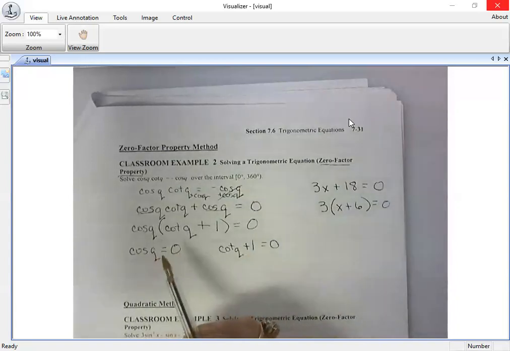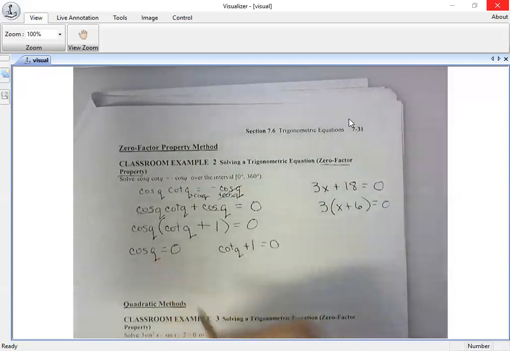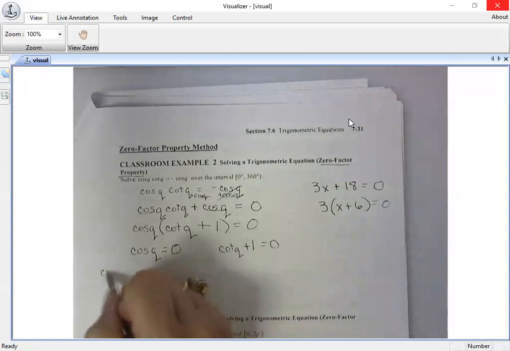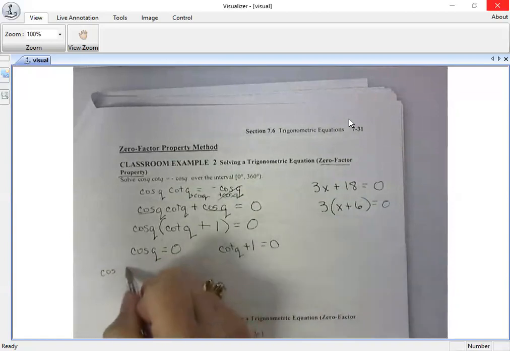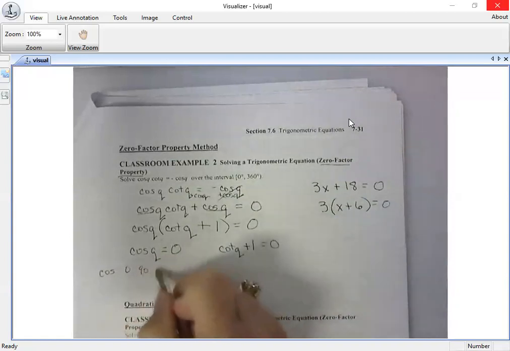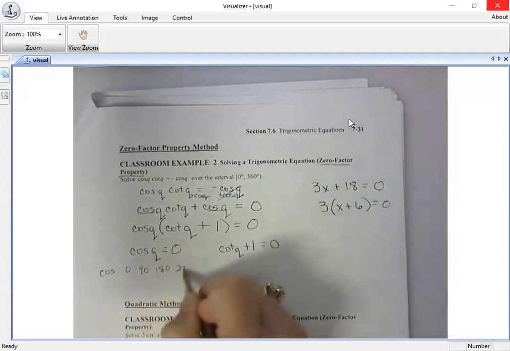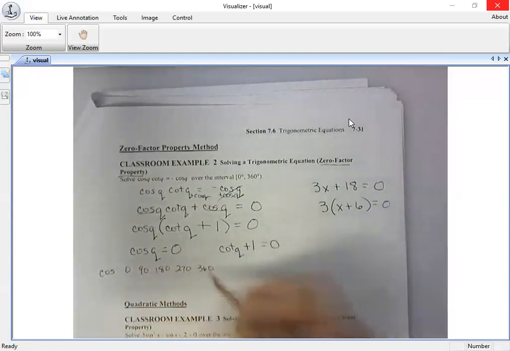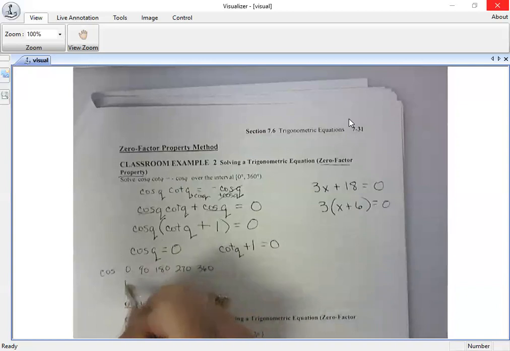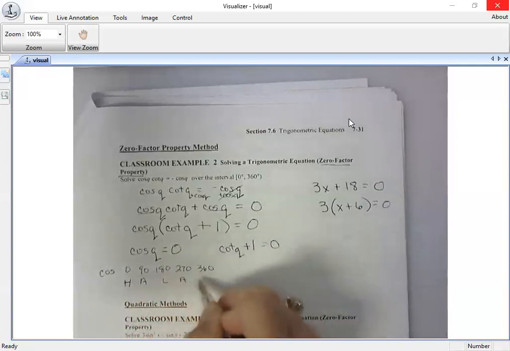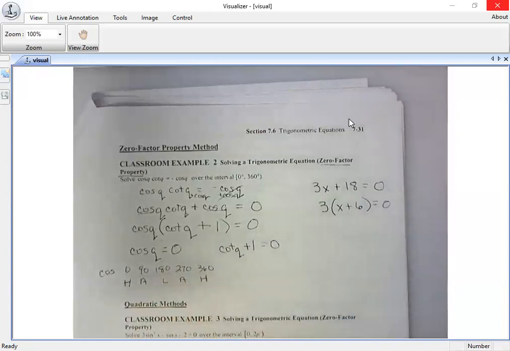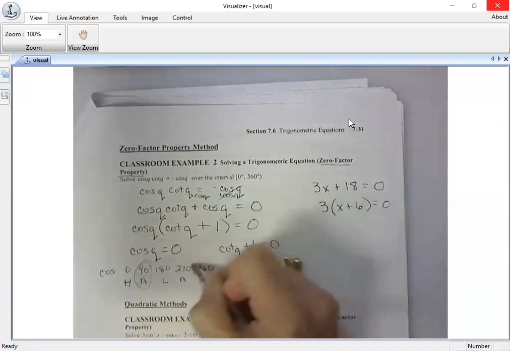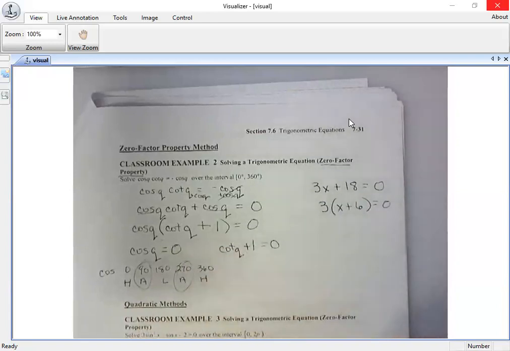There you go. I can use holla, right? So cosine for 0, 90, 180, 270, and 360 starts high, right? Holla. And where would I get a value of 0? At 90 and at 270, okay?